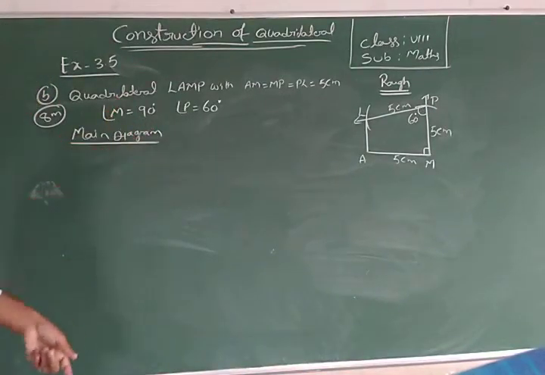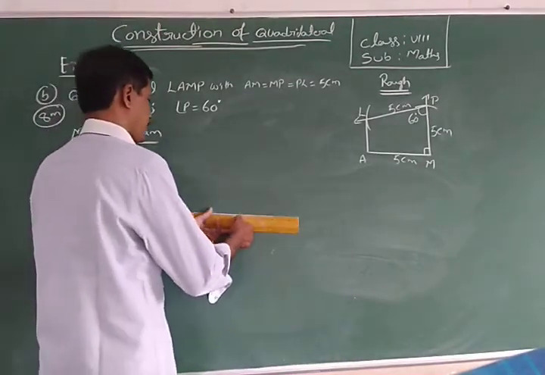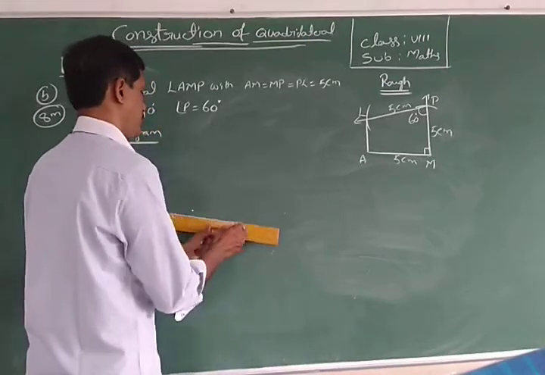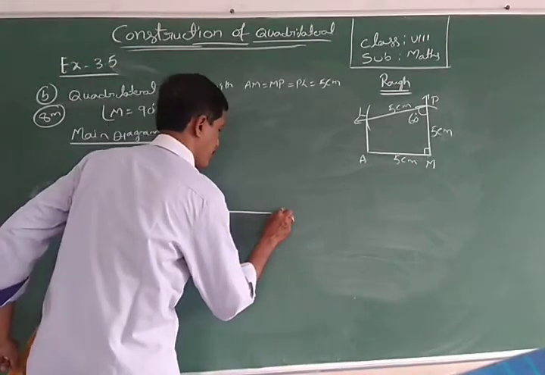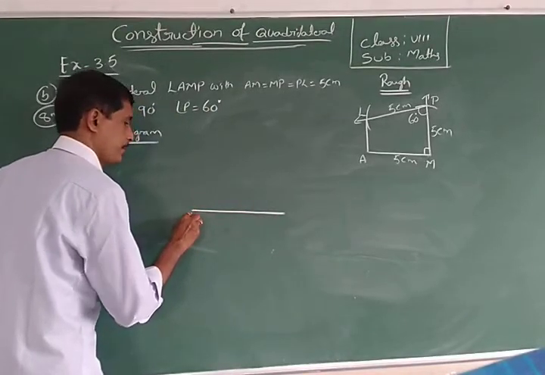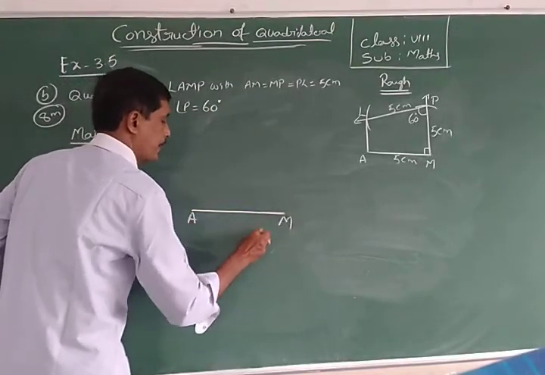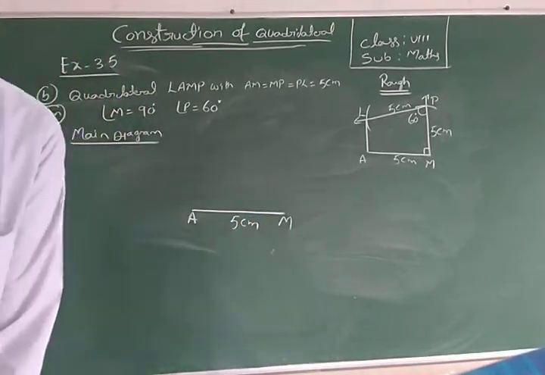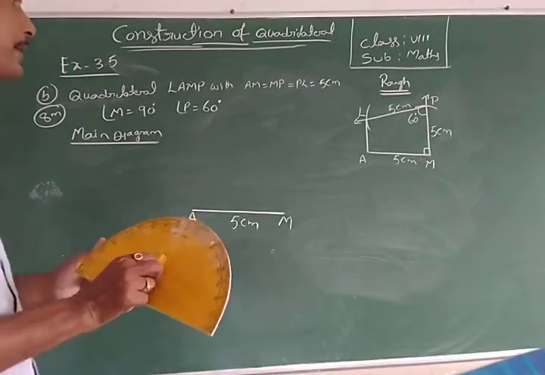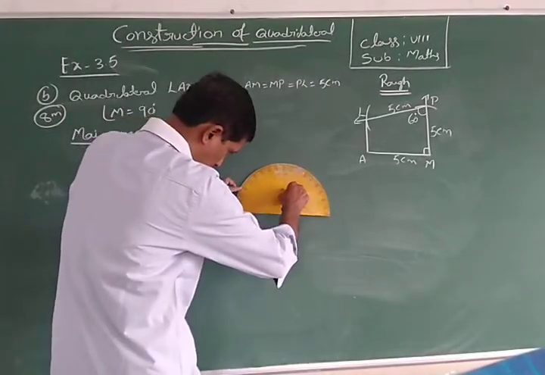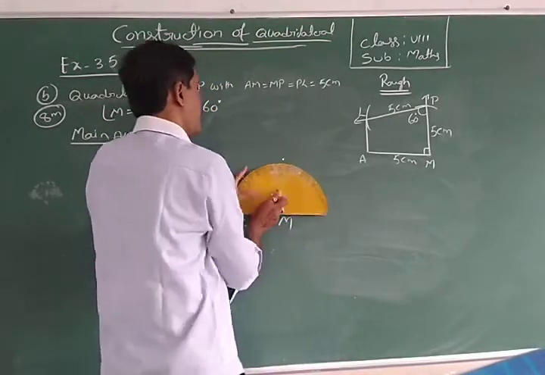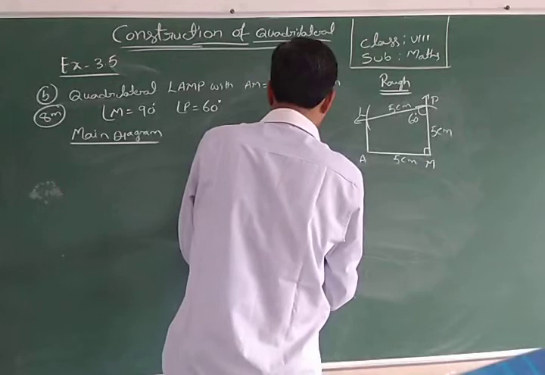Okay, first draw a line segment that is 5 centimeters by using the scale. That is AM, equal to 5 centimeters. Take M as the center. Measure the angle 90 degrees. Okay, therefore join this one.